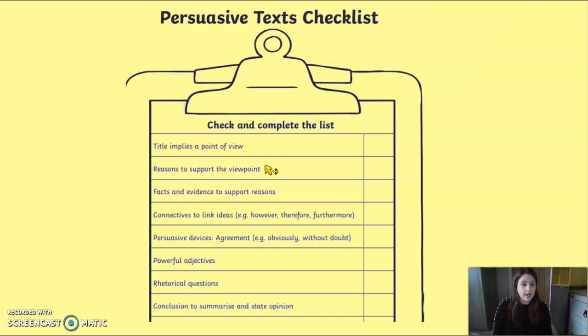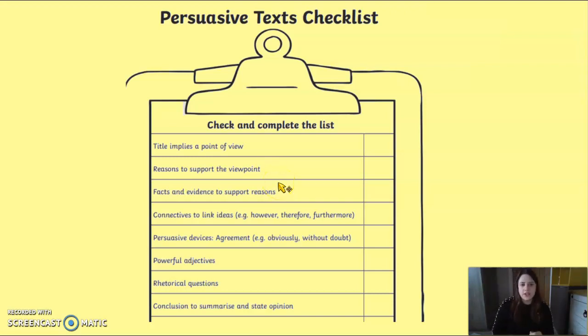We are making things that aren't necessarily good or exciting or fun seem like they are. Okay, that's the sort of persuasion we're going with. We're trying to persuade them positively that where we're trying to make them go is amazing. And then we want to give loads of reasons to support that.